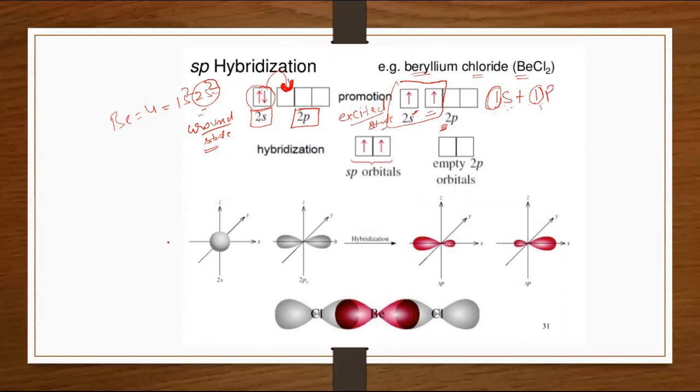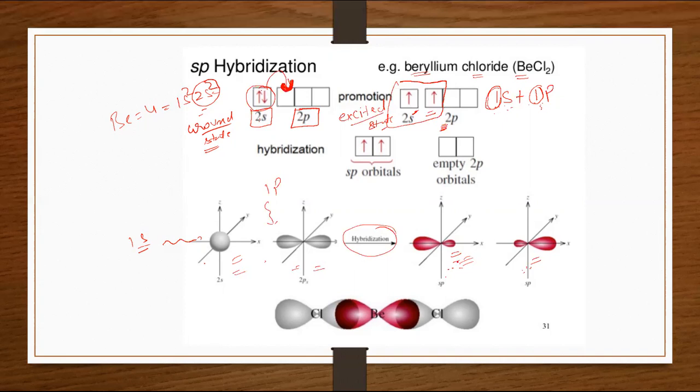As we can see here, there is one s orbital and one p orbital. When they intermix or undergo hybridization, they will form two sp hybridized orbitals. I told you that the number of hybrid orbitals is always equal to the number of atomic orbitals involved. So there are two atomic orbitals involved, one is s and another is p.